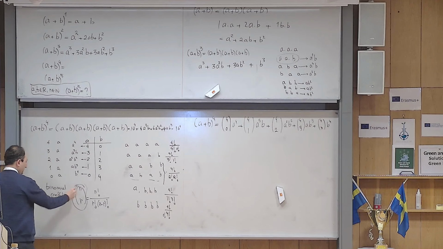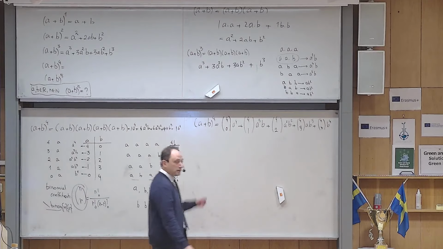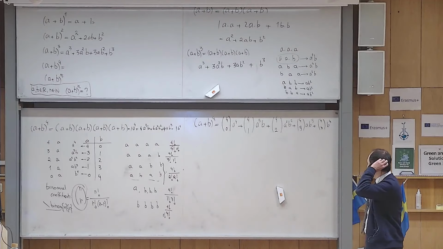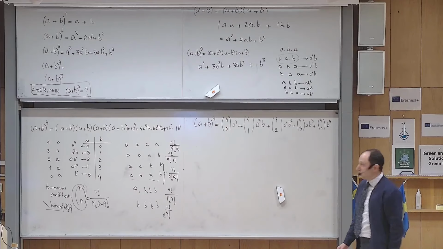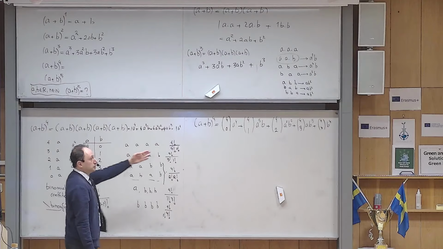So for example, in LaTeX, if you want to type this, it is \binom, curly brackets, and curly brackets. That's \binom, and that's the reason.